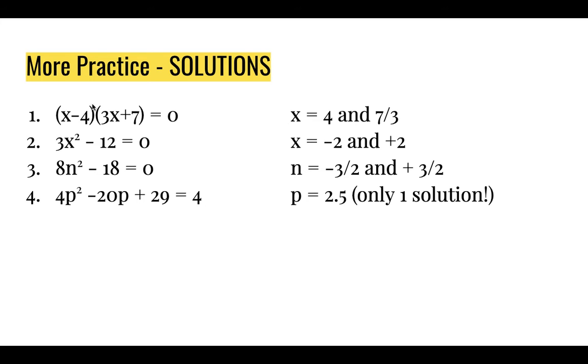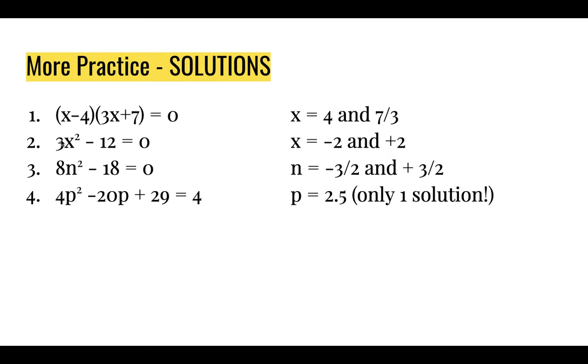This one you didn't have to do much to. You didn't have to do the first two steps. You just had to set these equal to 0 and then find your x values. Here, you had to factor a little bit.